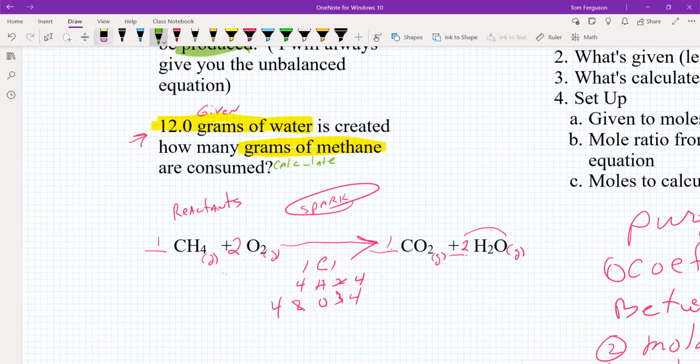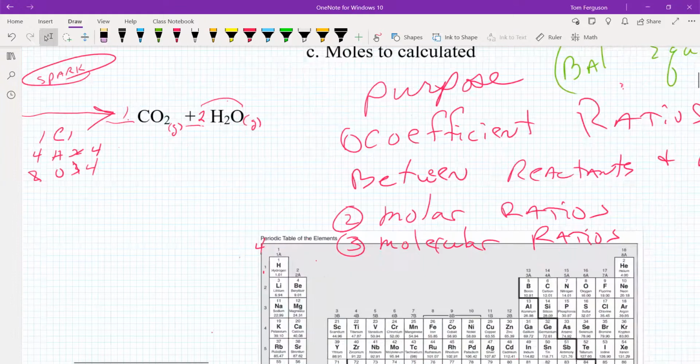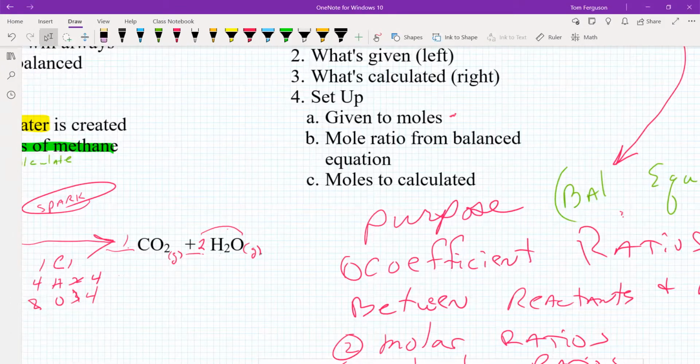I think we should have a green highlight. Then we do the setup: convert given to moles, use the mole ratio from the balanced equation, and then convert moles of the calculated to grams or liters or whatever we're trying to calculate.